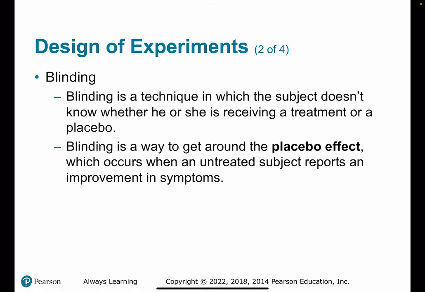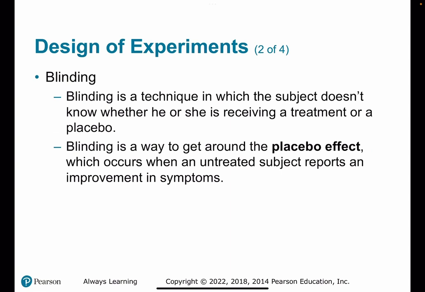Blinding, I talked about this earlier. So blinding is the situation where the subject doesn't know whether they're receiving the treatment or a placebo, the sugar pill. And often you hear the term double blinding.